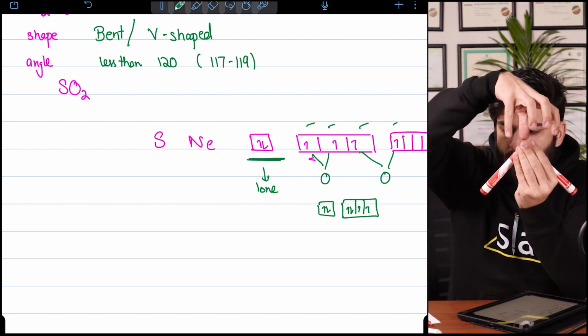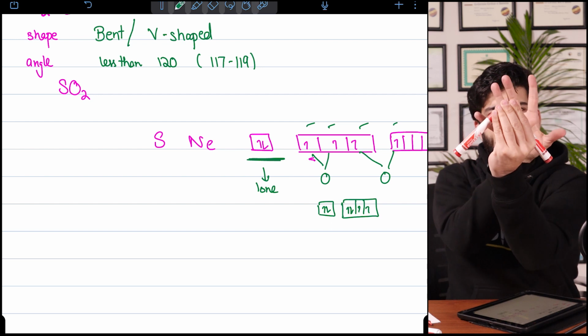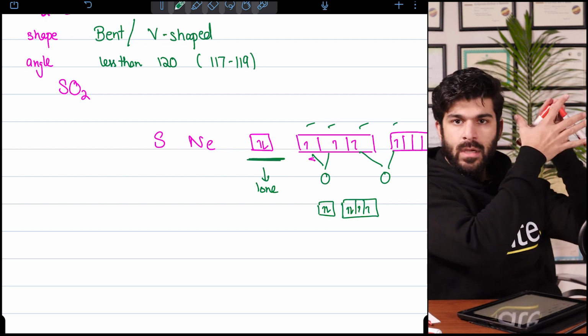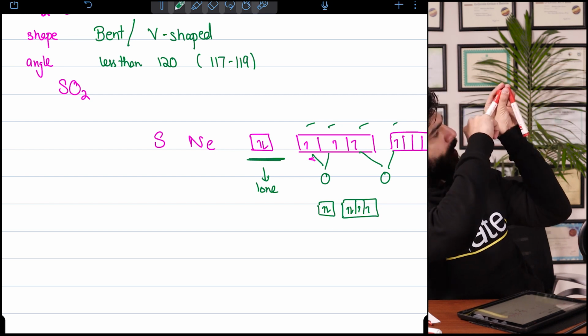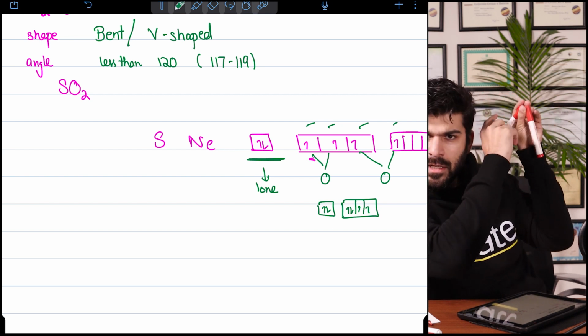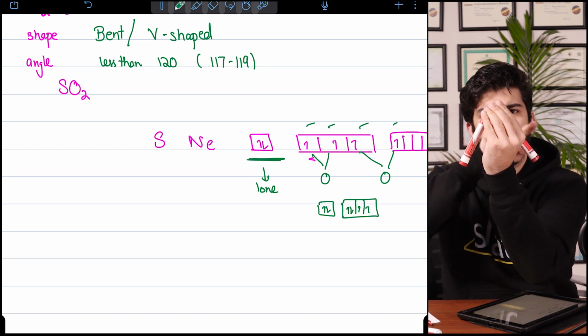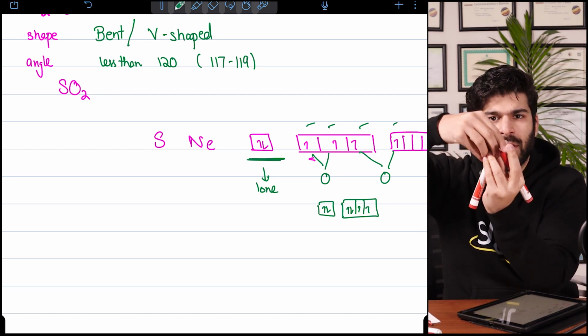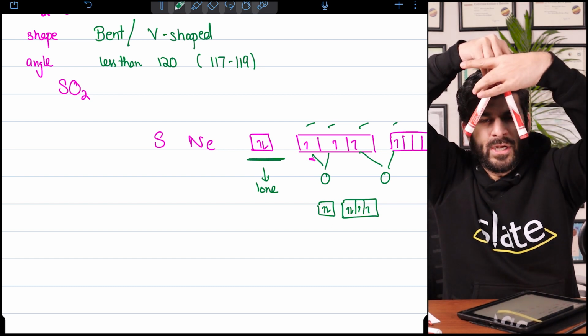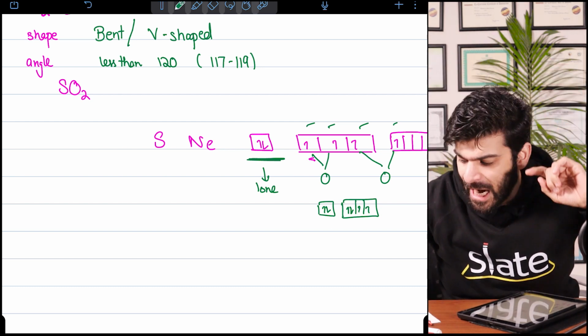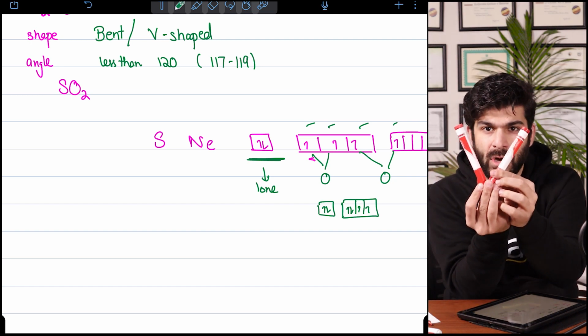So if there's a cloud of lone pair, the angle will be compressed. Lone pair is going to have a repulsive force on the angle and it will go less than 120. So initially it was 120, but due to the lone pair, it got decreased a little. So that is a V shape or a bent shape.